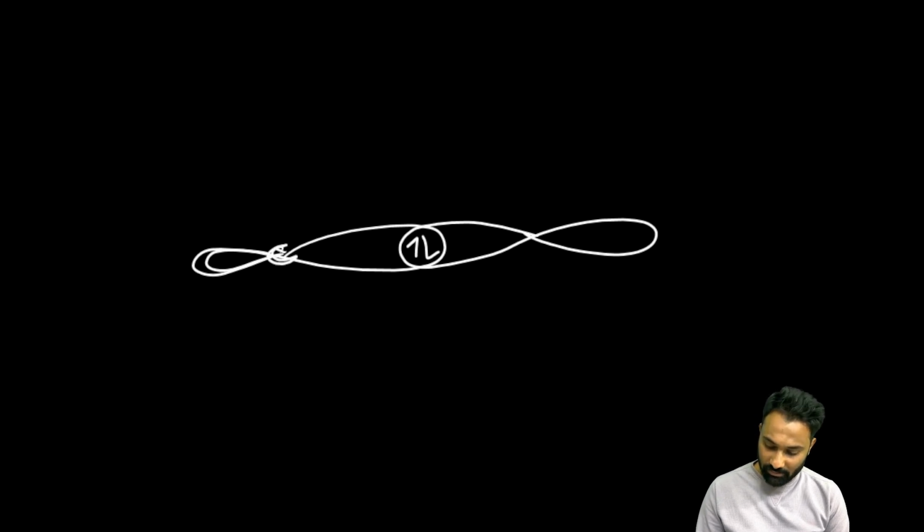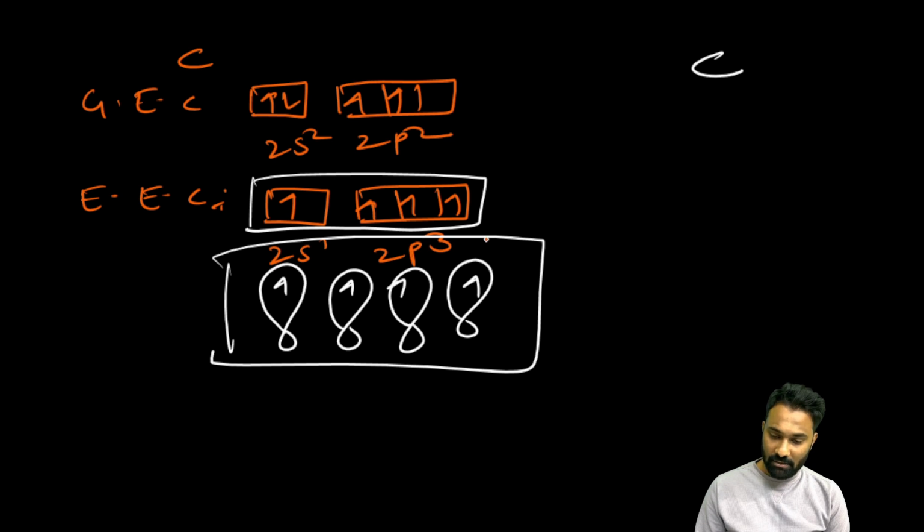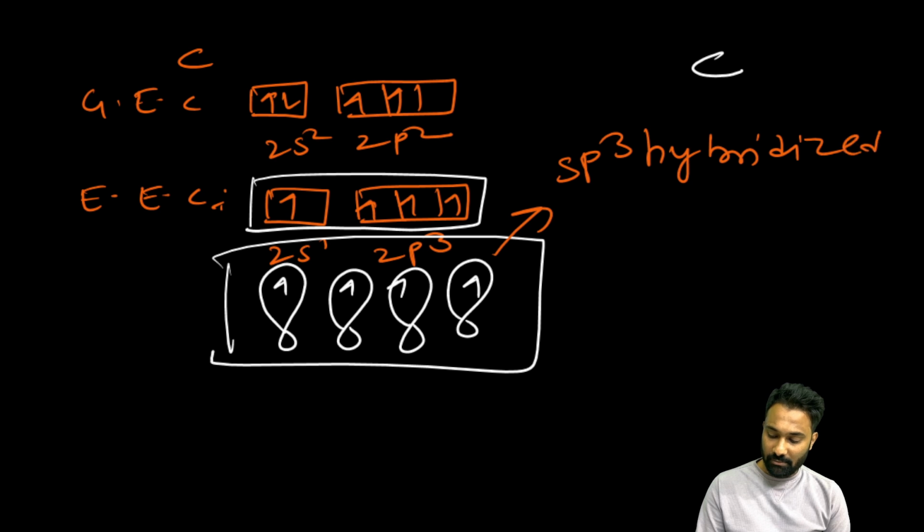This is a carbon. This is a carbon. One hybridized orbital, one hybridized orbital. This hybridized orbital is sp3, and this hybridized orbital is sp3, because 1 s and 3 p orbitals lead to the new sp3 hybridized orbital, right?